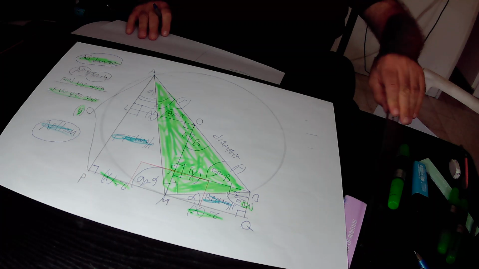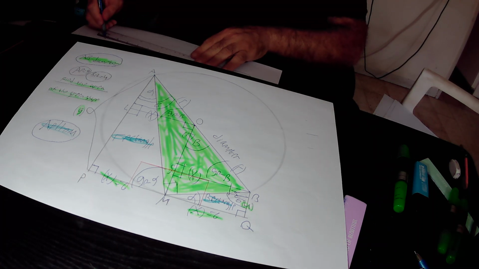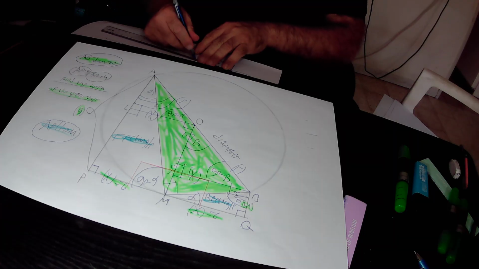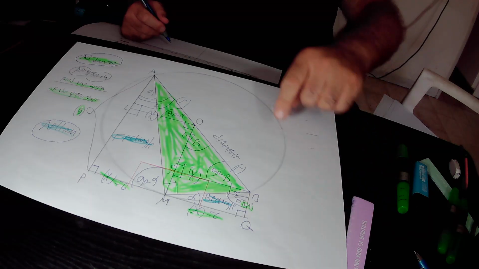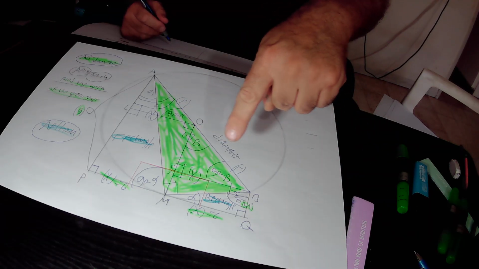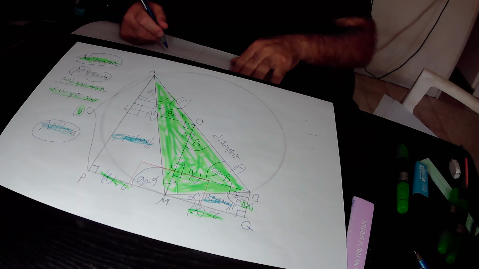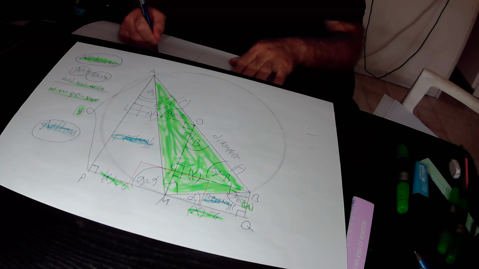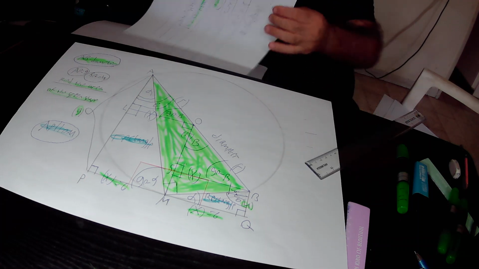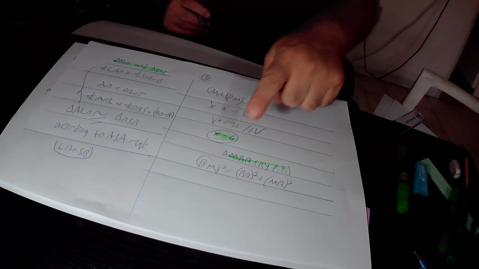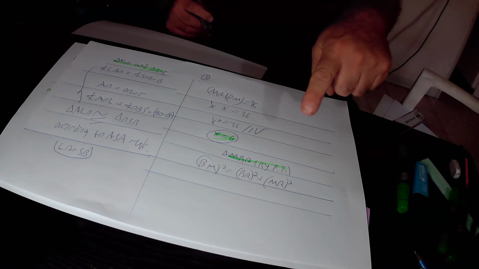So according to the Pythagoras theorem, in the small right triangle BMQ, BM squared, that is the square of the hypotenuse, equals BQ squared plus MQ squared.